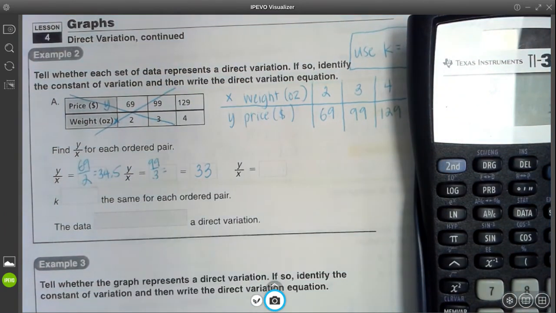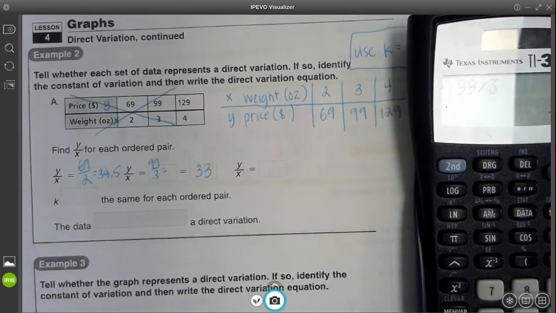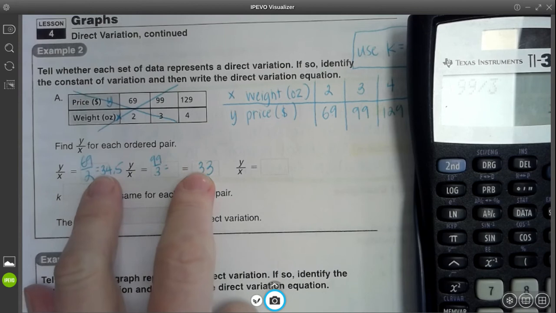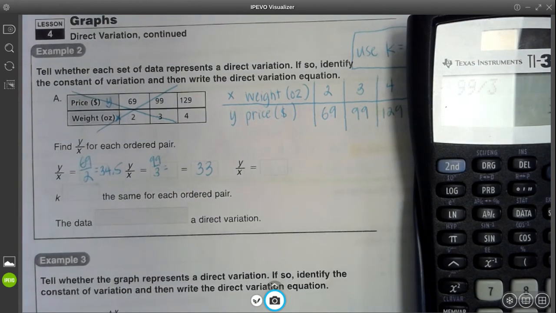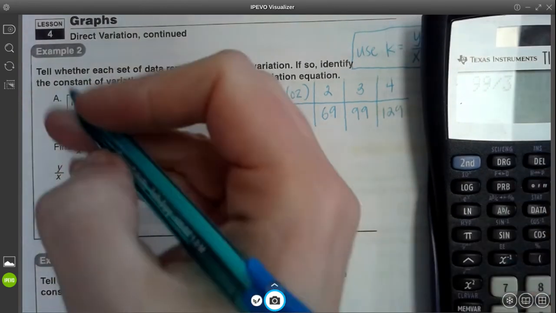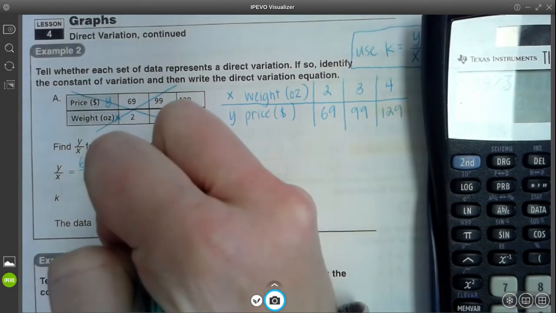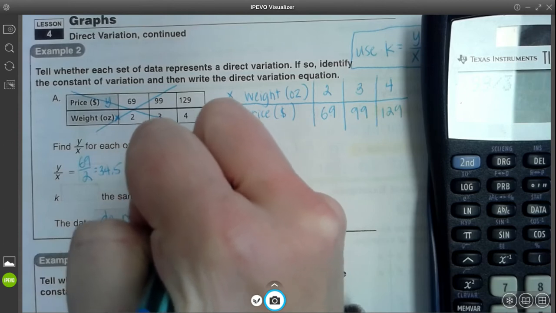Now already I can tell this is not the same value. So this is not going to be the same for each ordered pair, which means the data do not make a direct variation.